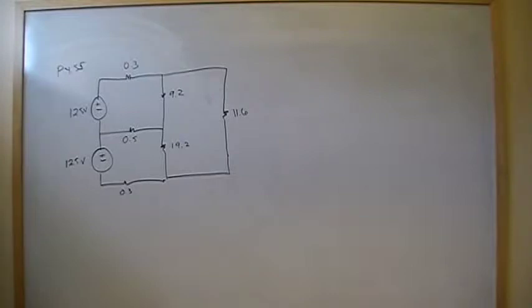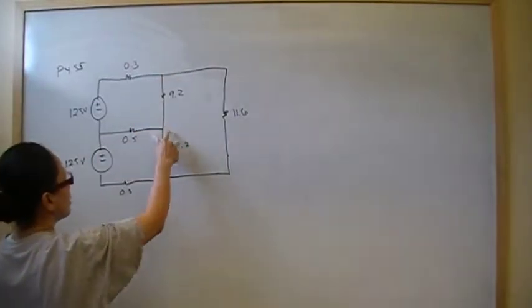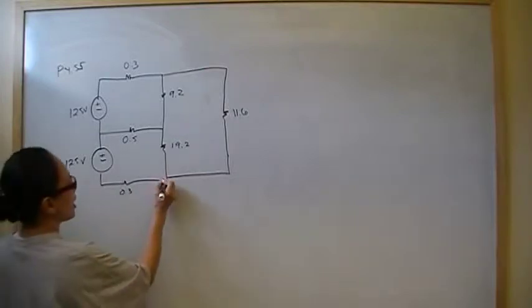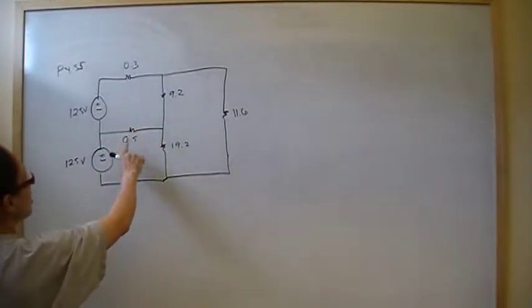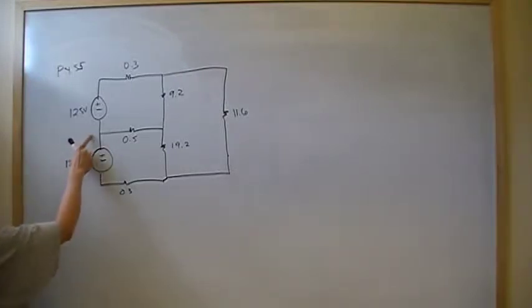Let's check out the node voltage. So we have one node here, a node here, a node here, and one node, which we're going to take to be the ground node. That means we have 3 unknowns. So both mesh and node have 3 equations and 3 unknowns. However, mesh is going to be far easier because the equations you have to write are very straightforward. And the node voltage is going to be hard because of this node right here.